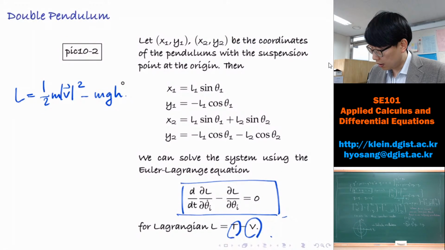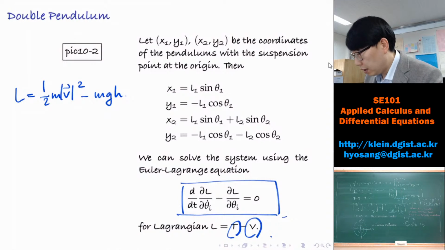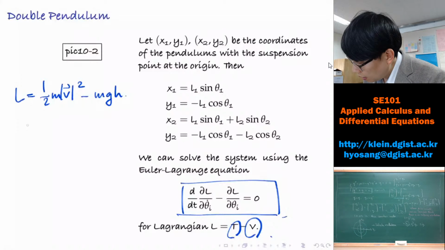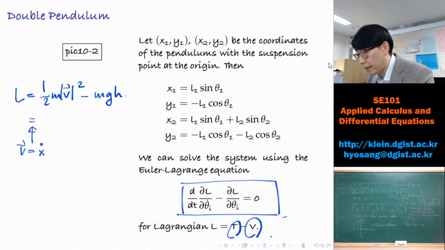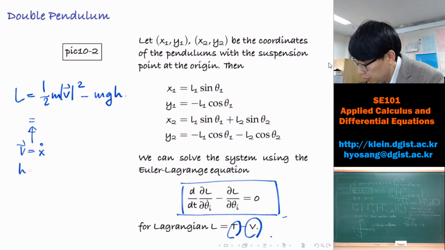Then I'm going to rewrite my velocity and height in terms of a position vector. Let's say x is a position vector, and x dot, which measures the change of the position vector, is the velocity. I'll also write my height as a position vector. Then I can rewrite my Lagrangian as 1/2 m x dot squared minus mgx.